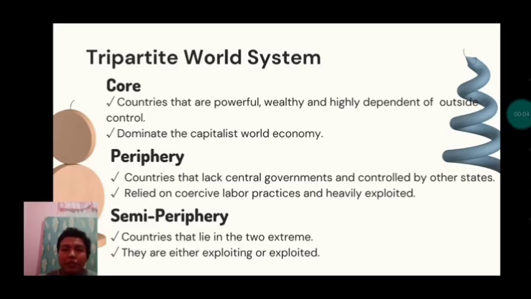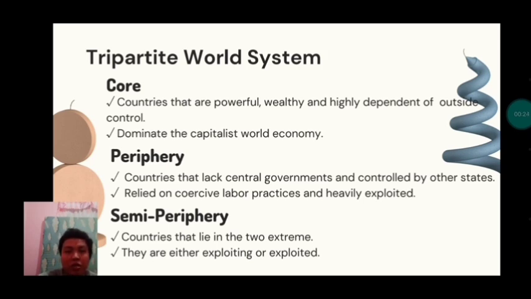Okay, let's continue. Talking about the tripartite world system, it is just a variation of Immanuel Wallerstein's theory, the world system theory, which divides the world into three main regions. First, the capitalist world economy.